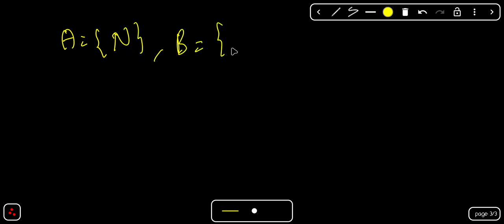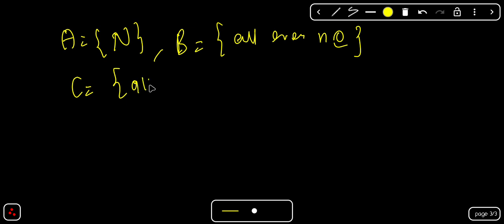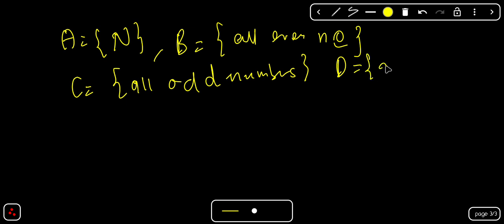Now, let me give us some examples. Let's say set A is the set of all natural numbers, B is all even numbers, C is all odd numbers, and D is all prime numbers. Now take note of something.